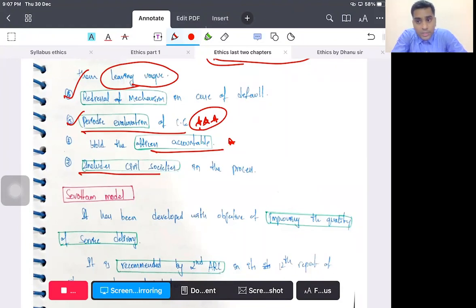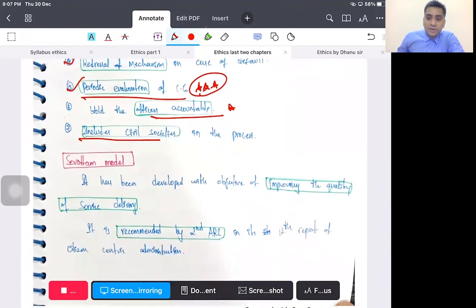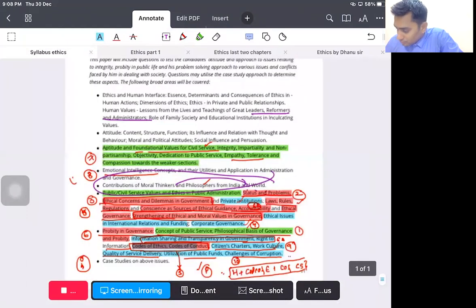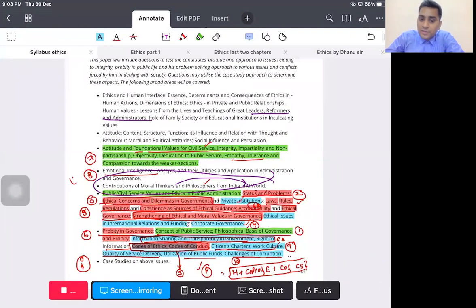And then the SEVOTTAM model is a model which is available for efficient quality of service delivery. If you want to efficiently develop service, there is quality of service delivery in the syllabus, right? See, citizens charter, work culture, I discussed quality of service delivery.